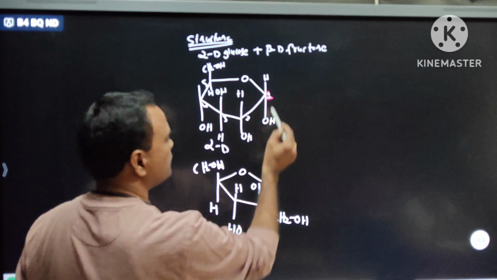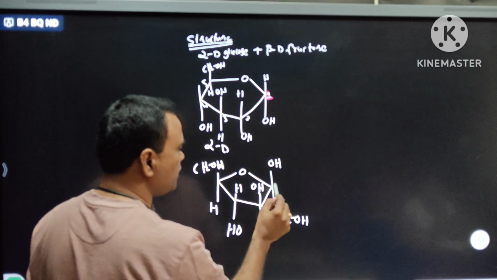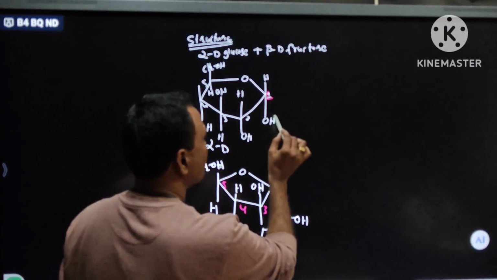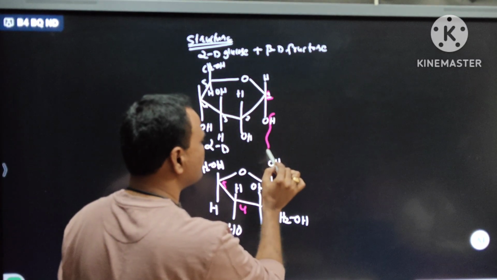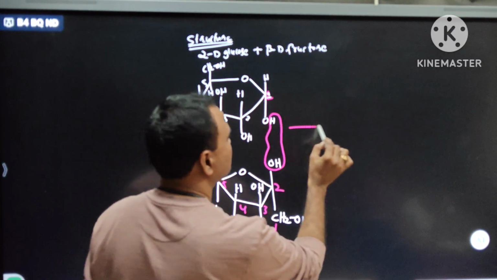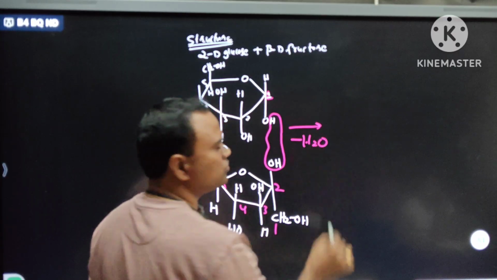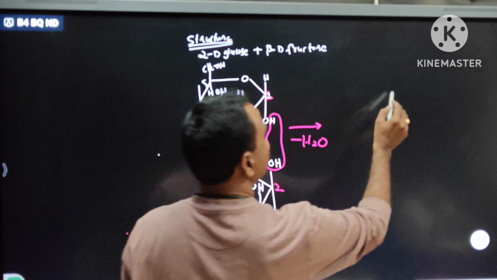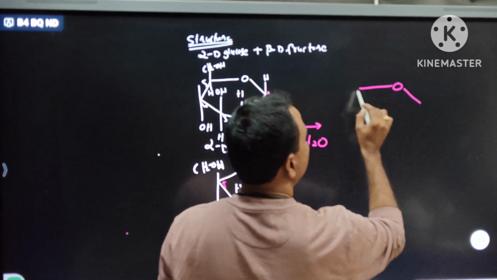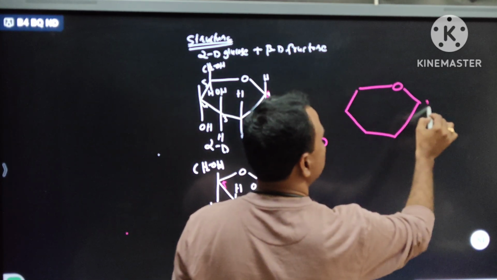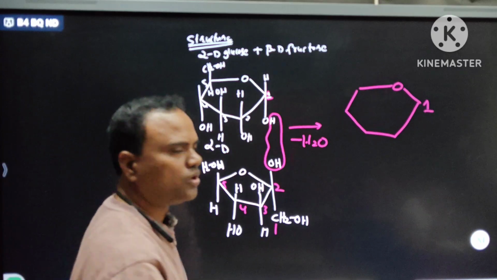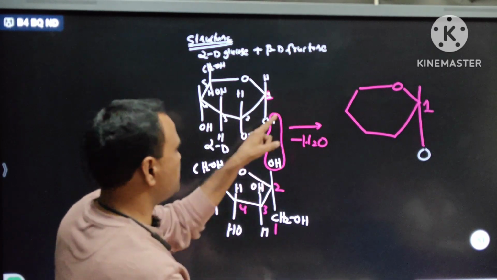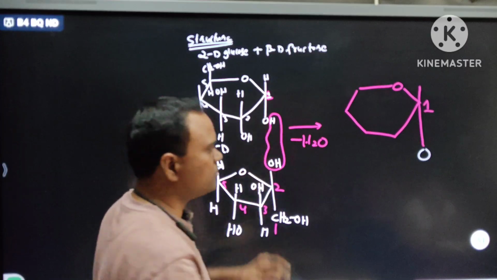First carbon C1, and give numbering 1, 2, 3, 4, 5. Second carbon OH and H, minus H2O. Okay. So I am not writing the remaining structure, just highlighting the positions where these two are linking. Water is eliminated or not? One oxygen atom is there.